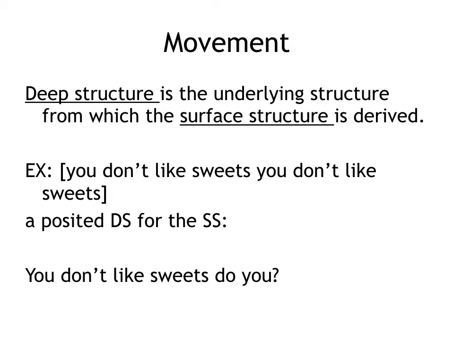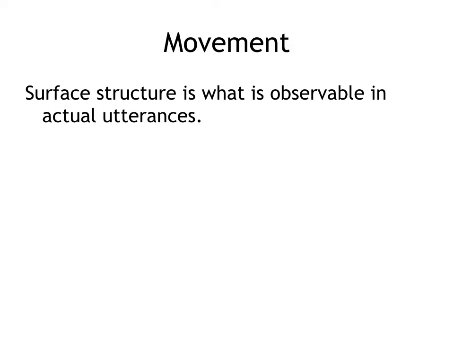So deep structure is kind of posited as the underlying form that you use and you apply rules and steps to end up with this surface structure, which is observed. Okay. So importantly, surface structure is what we observe in actual utterances, so what people produce in their speech.